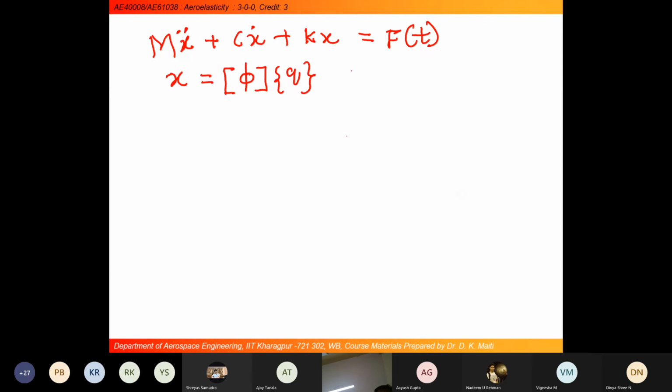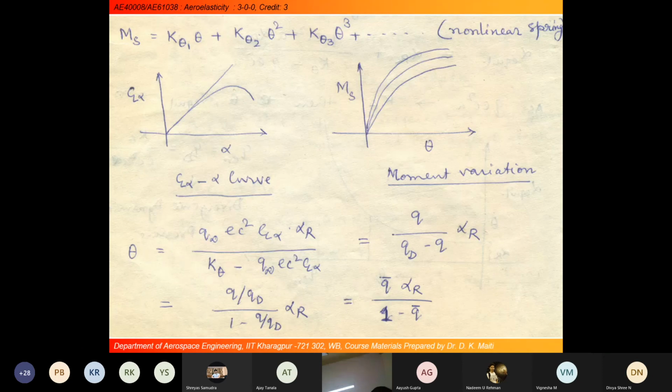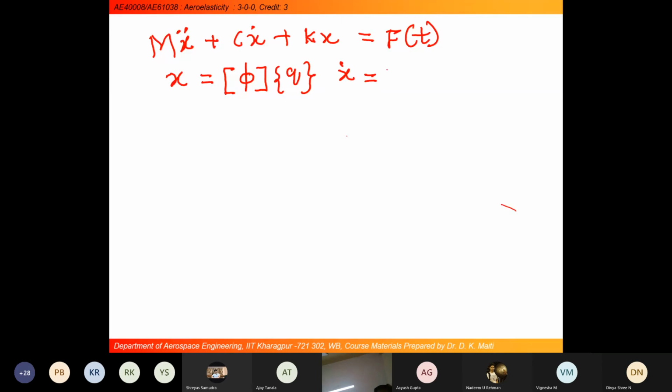Then x dot is phi multiplied by q dot. Here phi is the modal vector.